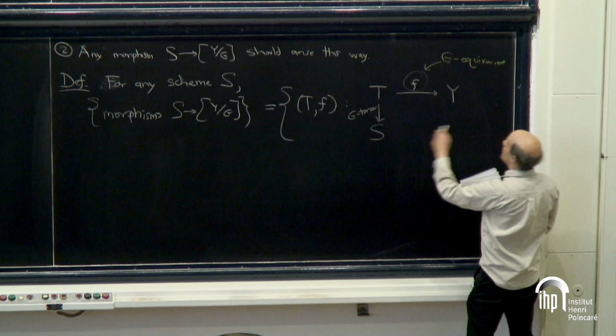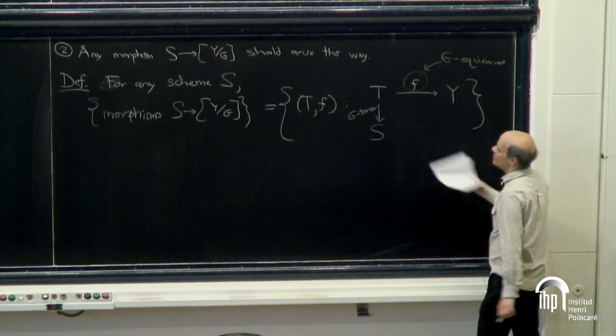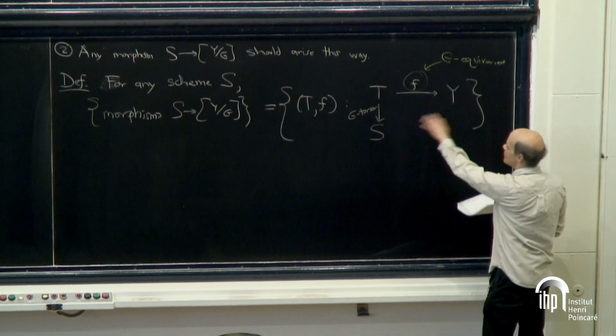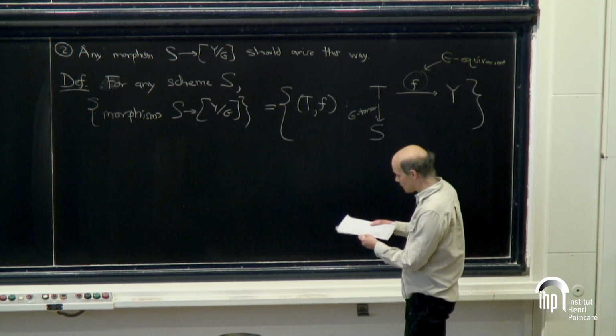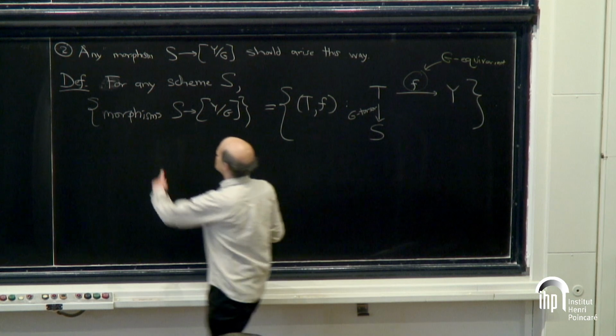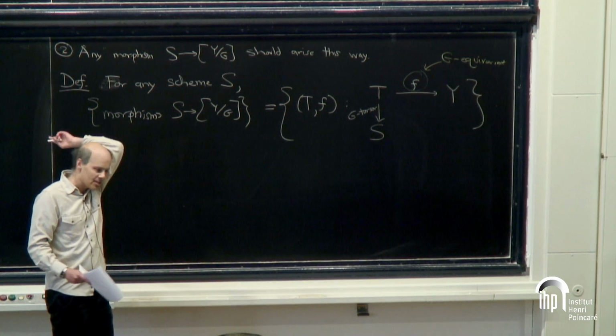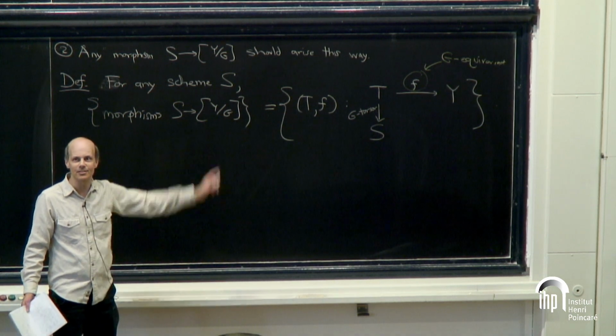So that's what the points are, and really this should be a category, but let me not get into that. And so this more or less tells you what this kind of stack is.